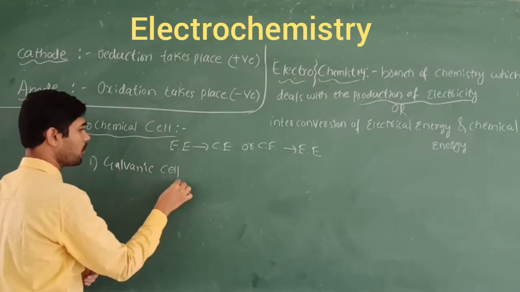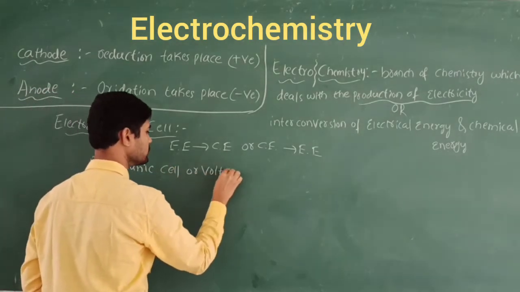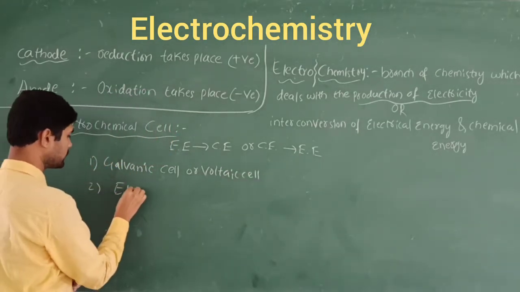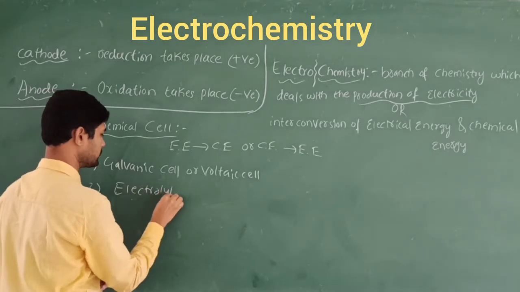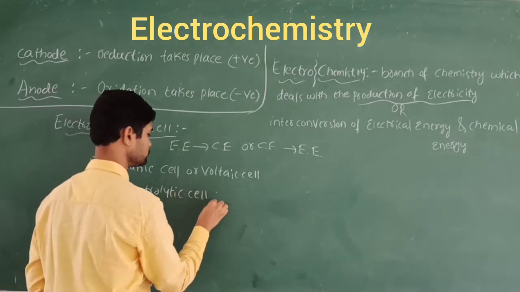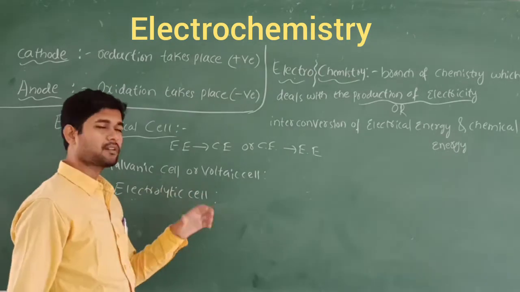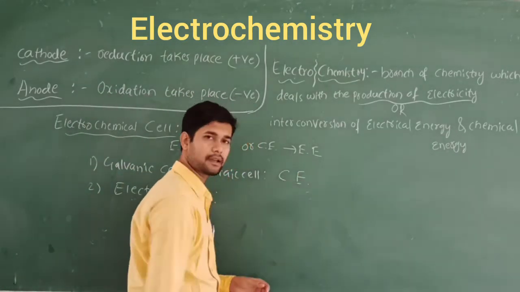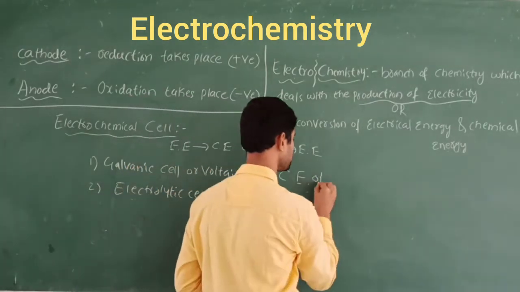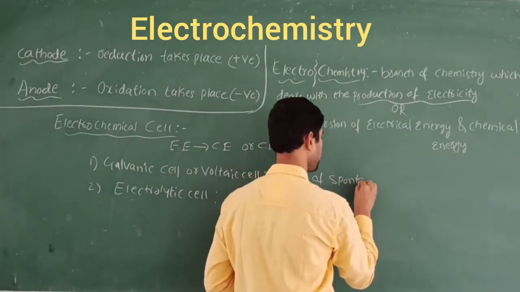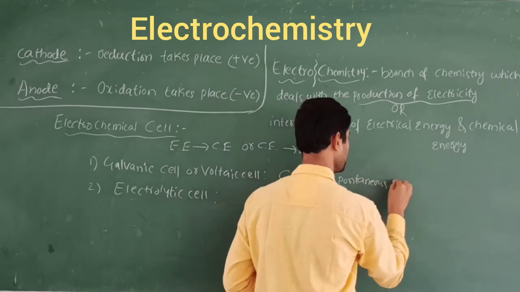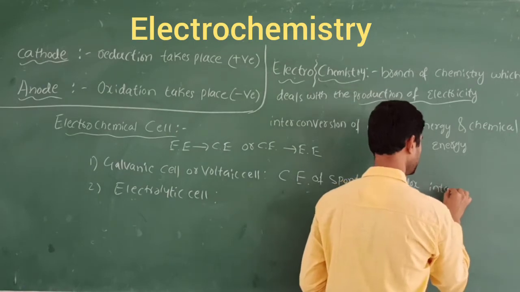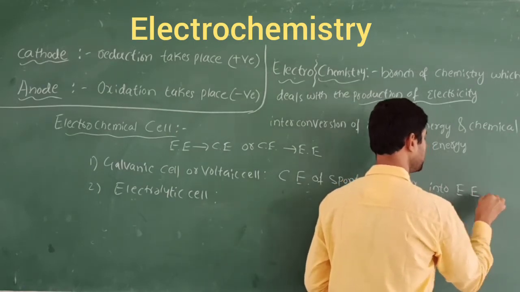So the first one is called galvanic cell or voltaic cell. The second one is called electrolytic cell. So let's define the galvanic or voltaic cell. It converts the chemical energy of some spontaneous redox reactions into electrical energy.